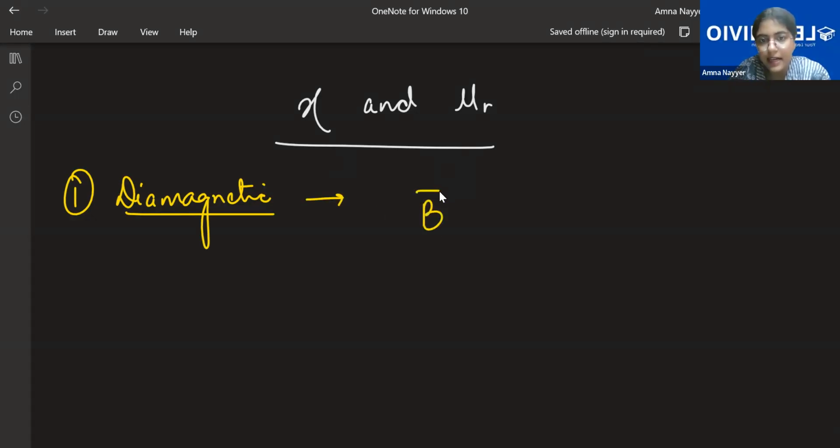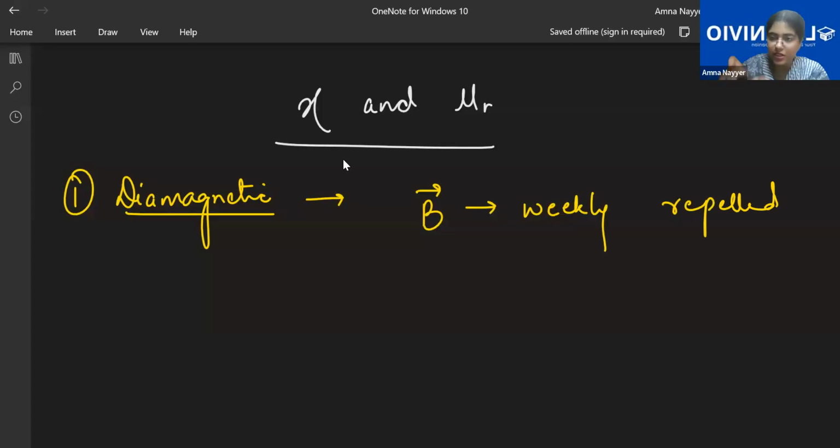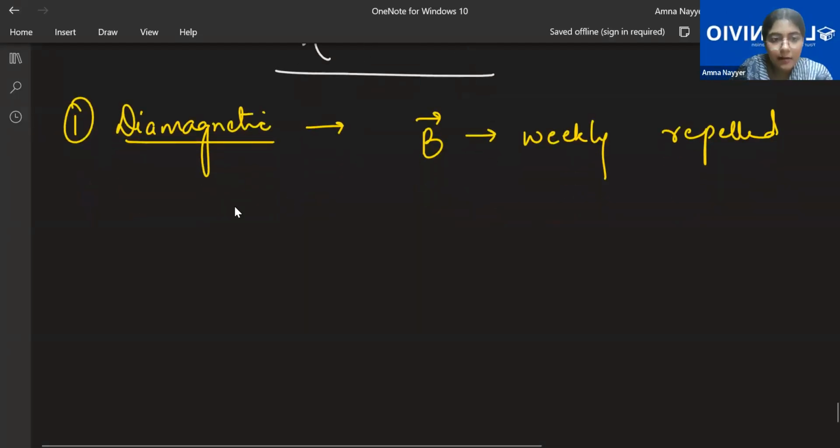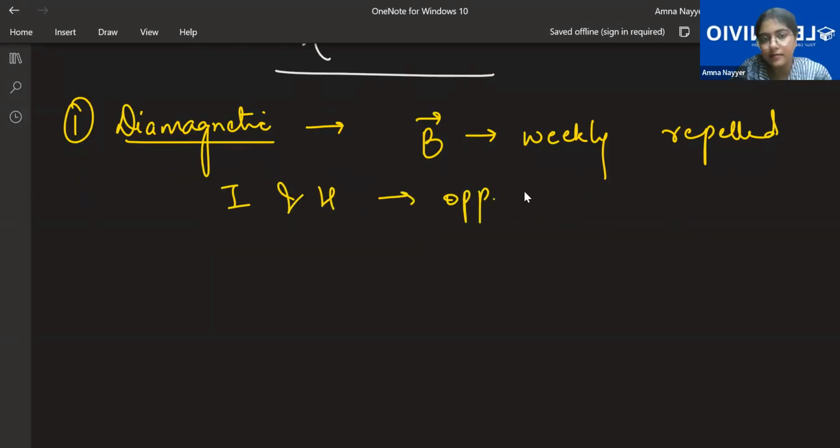Whenever the external magnetic field is present, they are weakly repelled. Remember, I and H are of opposite sign here, meaning intensity of magnetization and magnetic field intensity have different signs.